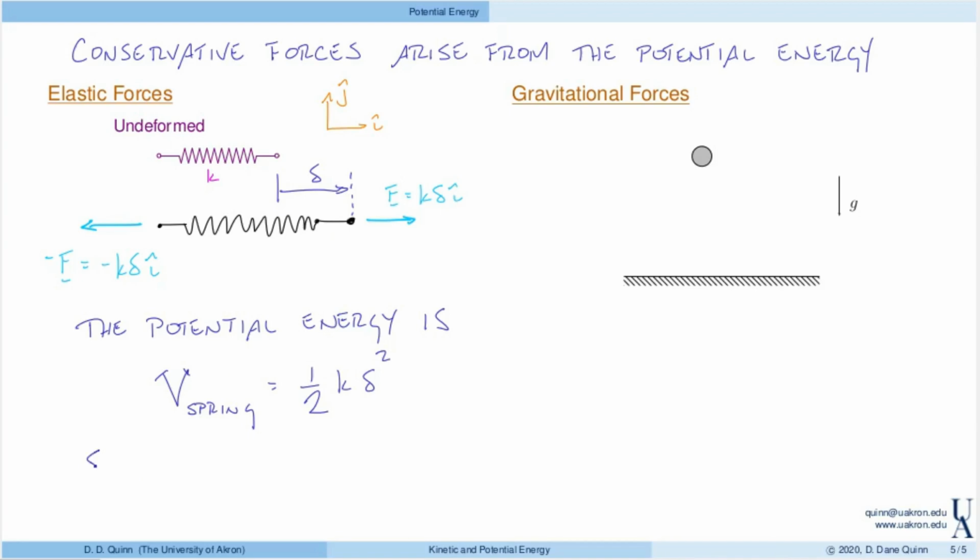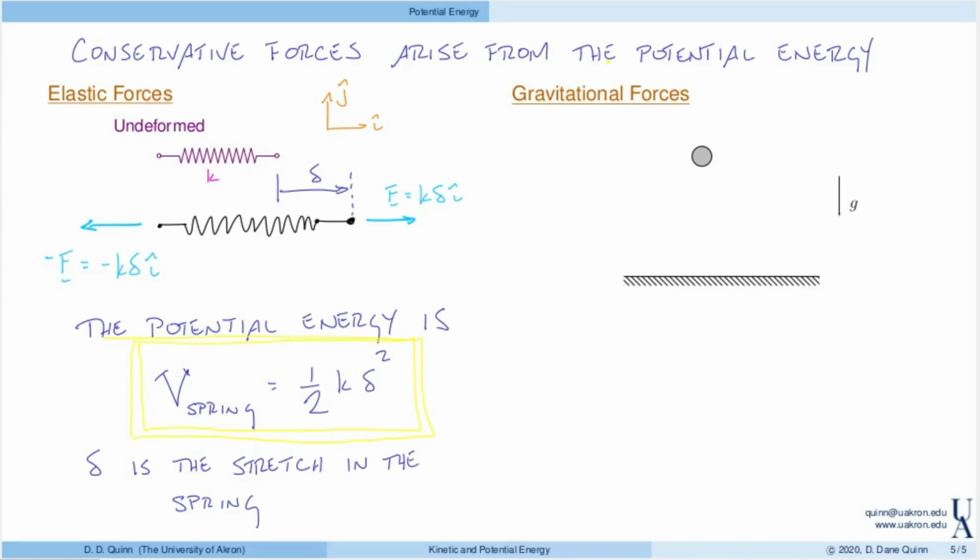And again, delta is the stretch. So delta would be the appropriate coordinate. It's the stretch in the spring. So that's the potential energy for a spring, right? 1/2 K delta squared.